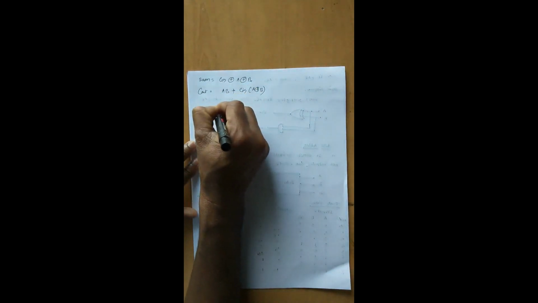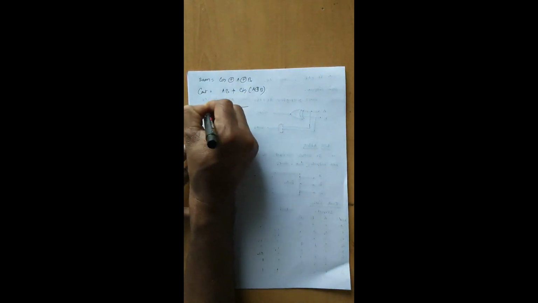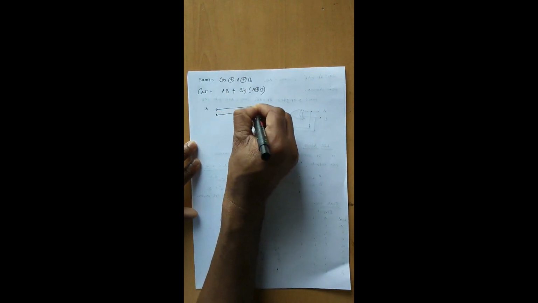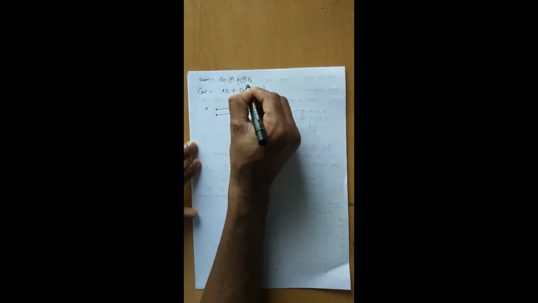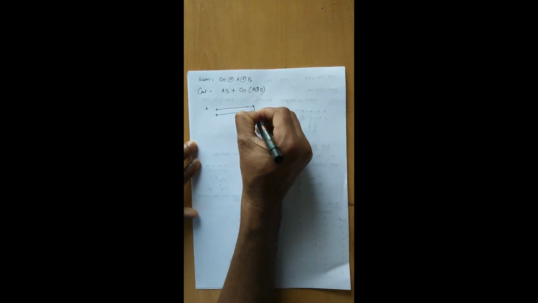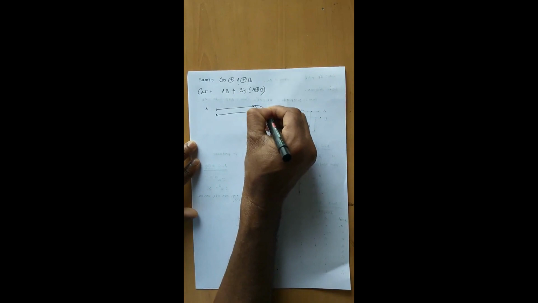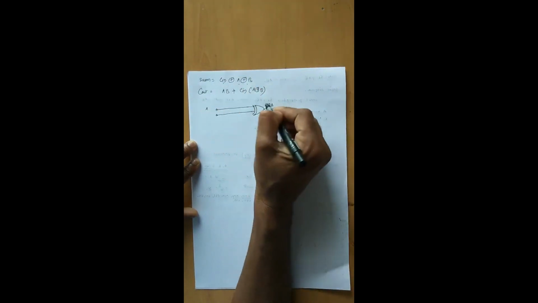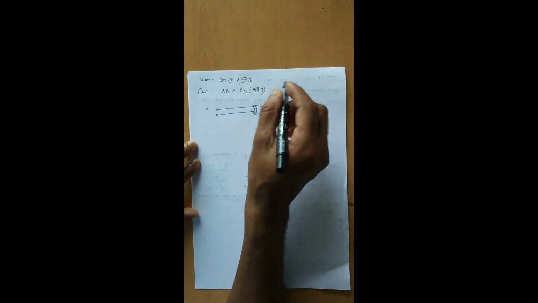First consider A and B. We need A XOR with B, so use an exclusive OR gate. This gives us A XOR with B, but we need A XOR with B XORed with C in.